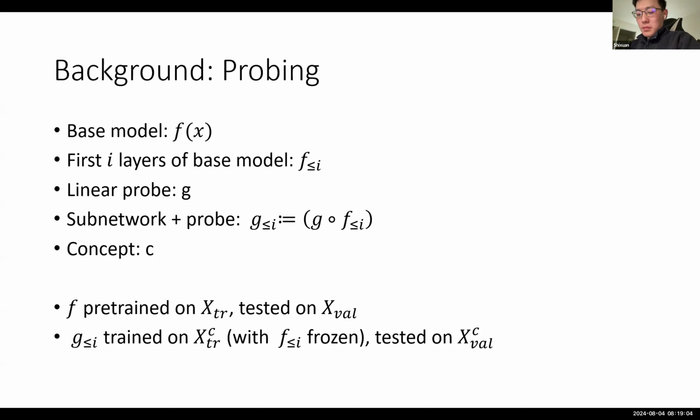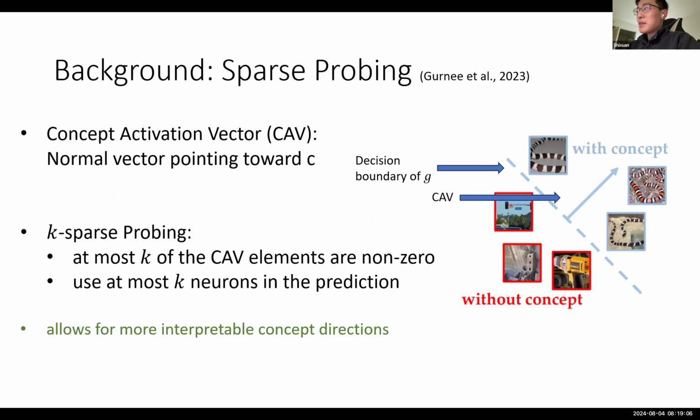And I also want to introduce something further than the basic probe, which is called sparse probing, because the authors in this paper use this technique. Sparse probing is just adding one limitation to the normal probe.